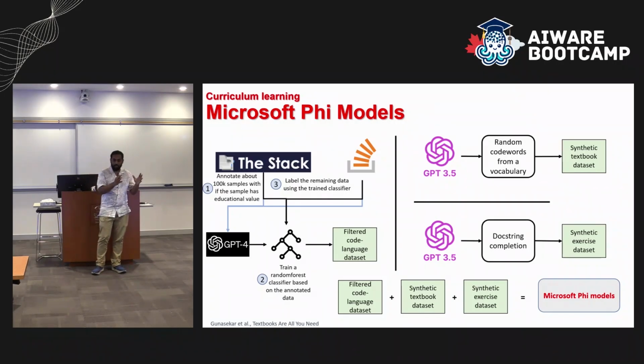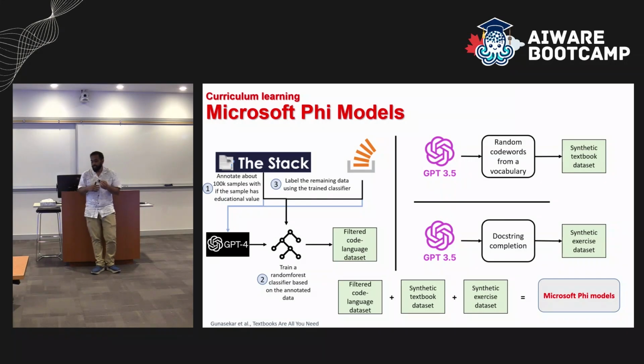They took the Stack dataset, and they also took data from Stack Overflow, and they took about 100,000 samples and annotated them with GPT-4. They explicitly say in the paper that they just used GPT-4 in lieu of humans because it's tedious to annotate data. And they used these labeled samples to train a random forest classifier.